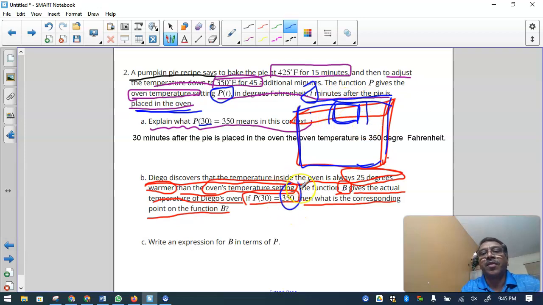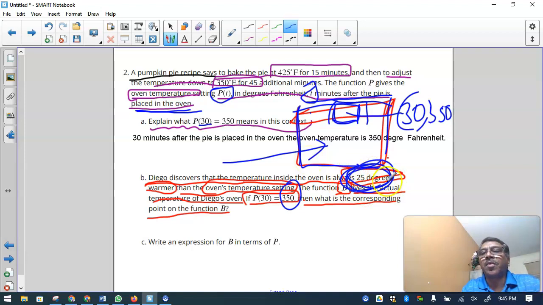Maybe on the setting, the temperature which is seen is 350 after 30 minutes. So here you see 30 minutes is 350, right? But actually inside that oven, the temperature is always 25 degrees more.